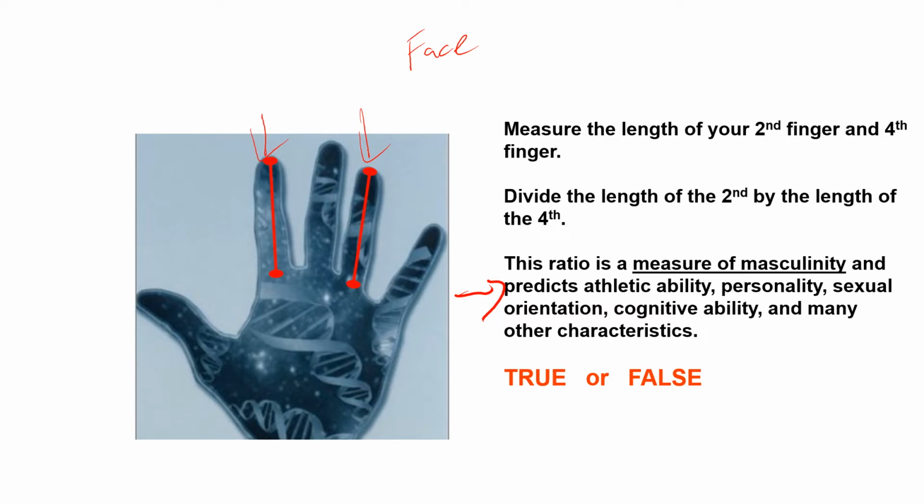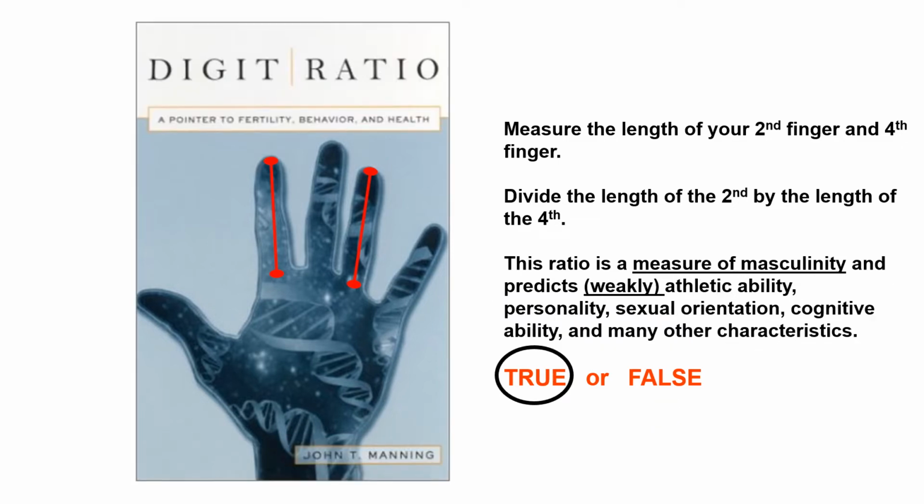But if you don't know anything about it, then you're almost 100% going to say this is false, that this has low face validity, because it just doesn't seem like something as simple as our second digit and our fourth digit on our hand, the ratio of the length of the two of those, can predict all these things. However, it's actually true. It weakly predicts these, but it does predict these.